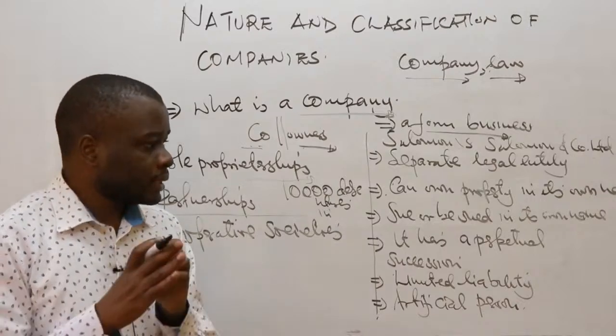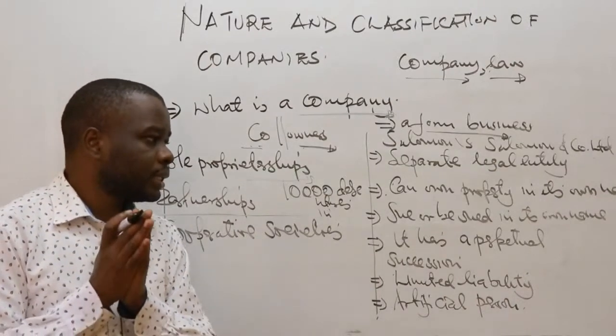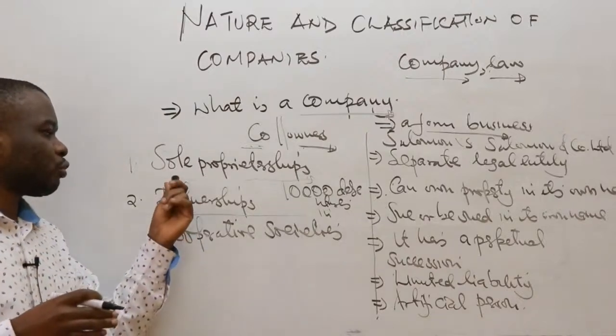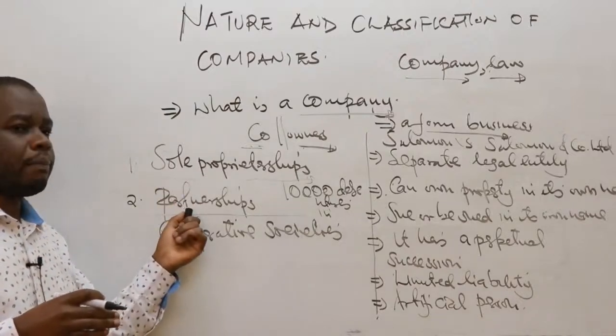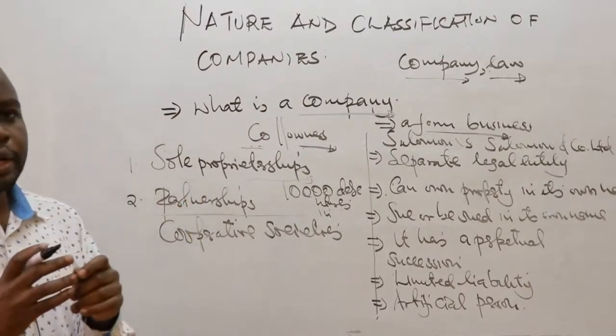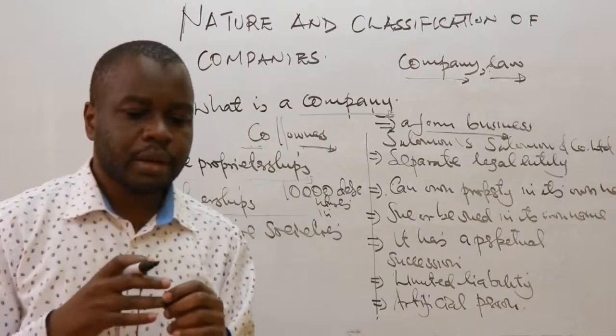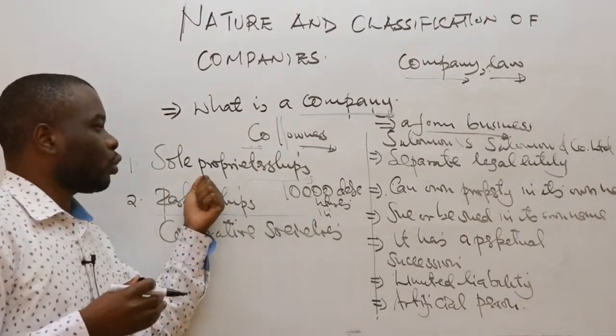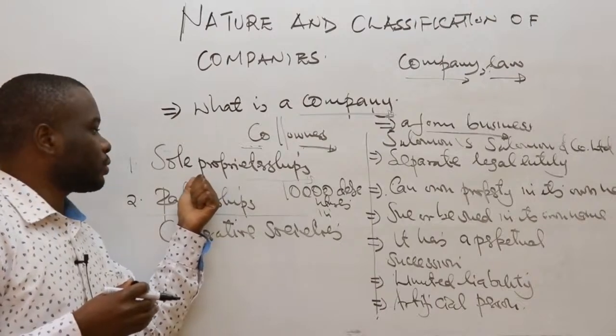This characteristic is not realized, for example, under a form of business like a sole proprietor or a partnership. Because if you look at a sole proprietor, any case brought by the sole proprietorship in a court of law will likely be in the name of the sole owner of the business.